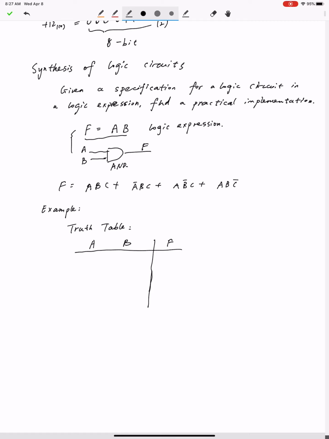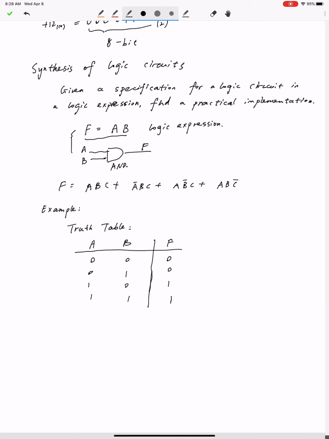If you have two inputs, then you have four rows in the truth table because there are four possible input combinations, which are 0 0, 0 1, 1 0, and 1 1, right? So the corresponding output is 0, 0, 1, 1. Let's say that's the output of the truth table.